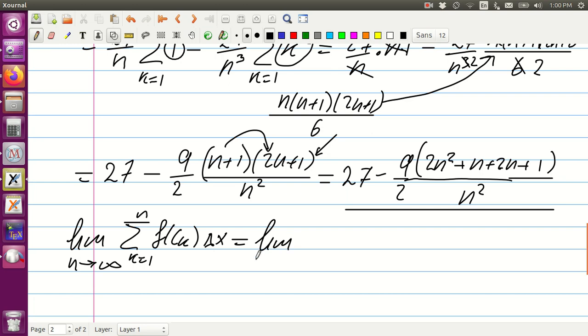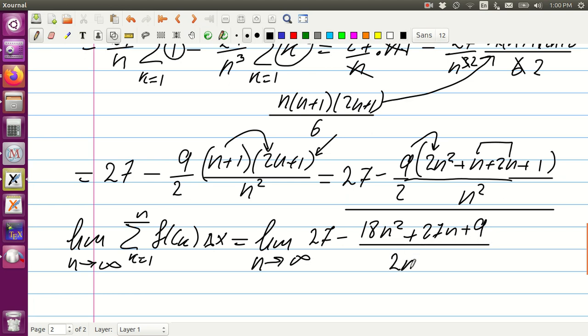So we say limit n goes to infinity, 27 minus, and I will distribute this 9 through the expression. So I'll get 18n squared. Then we have n plus 2n is 3n, so we have 27n. And then at the end we have 9, 9 times 1. On the bottom we have 2n squared.